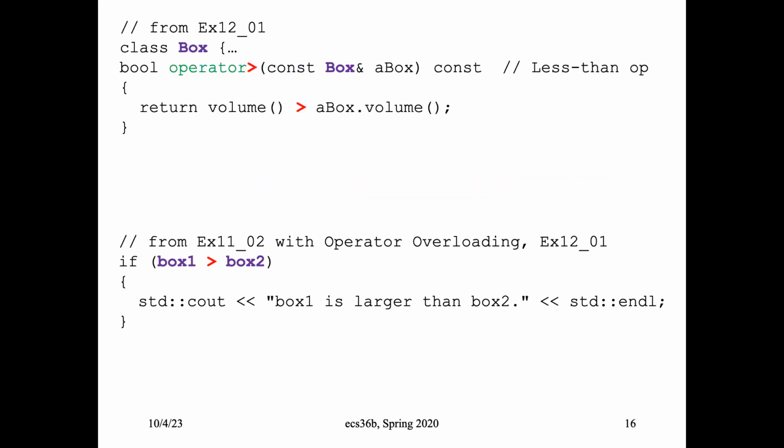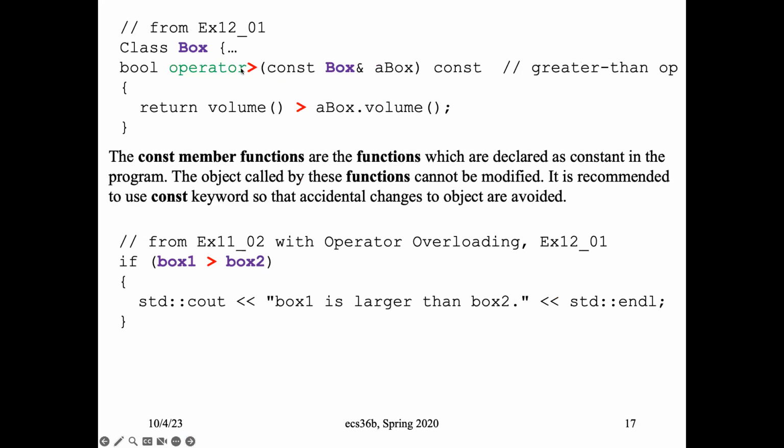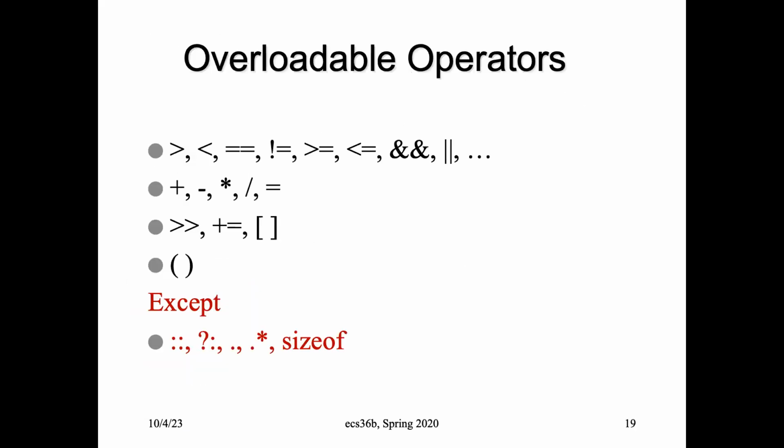Do I have that here somewhere? Yes, that's the code. You can see that inside the class box, I have a Boolean. Because I want to make sure that greater than is a Boolean operation, I have a bool operator greater than, and then the other box comes in. That's the general form. There are lots of things that you can overload, except for some operators that you cannot overload.